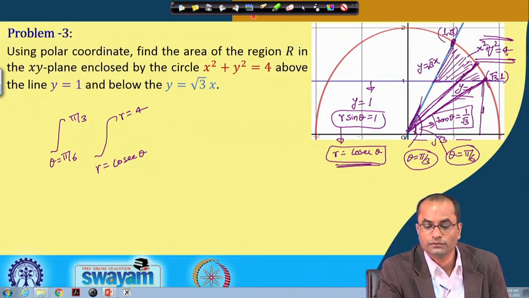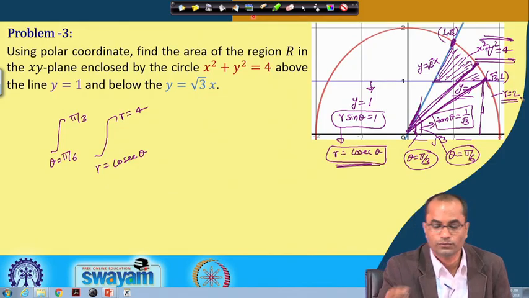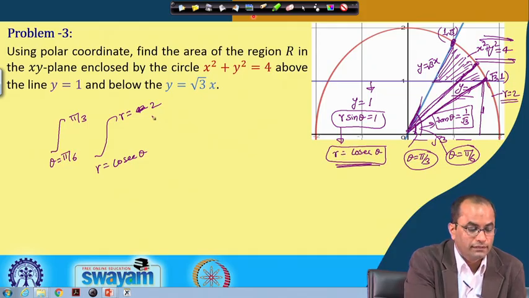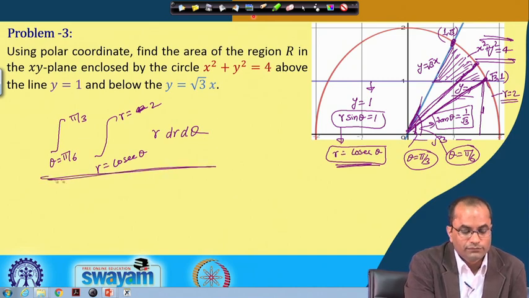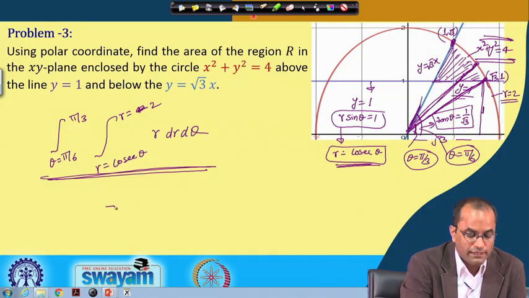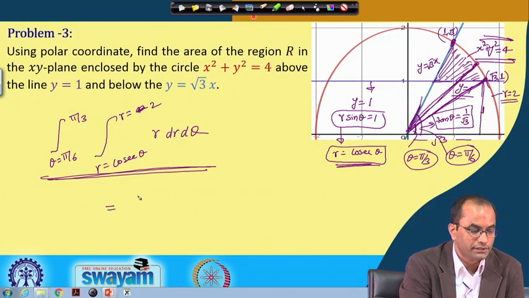So, the radius is 2, the circle is r is equal to 2, and then we are finding the area. So, the integrand is r dr d theta. We just have to integrate this simple integral, and I am skipping this part of the evaluation. We will get pi minus square root 3 over 3.